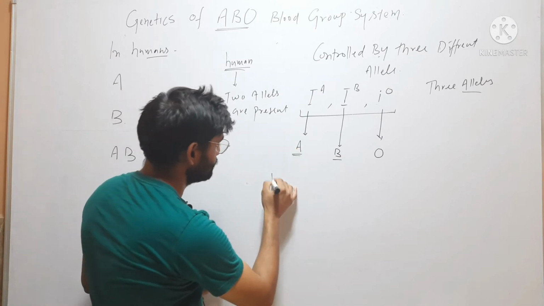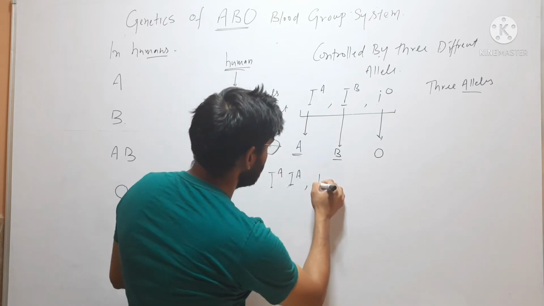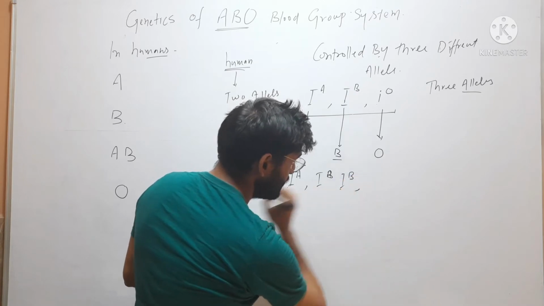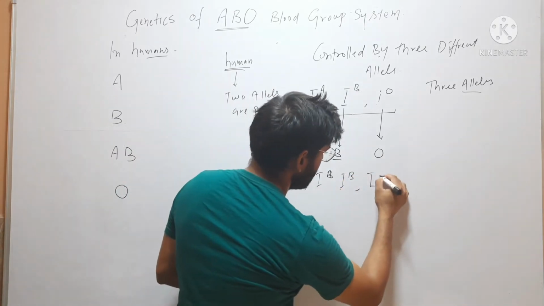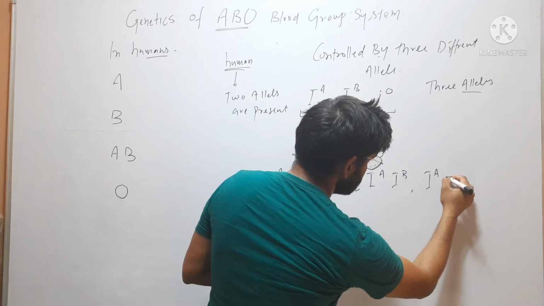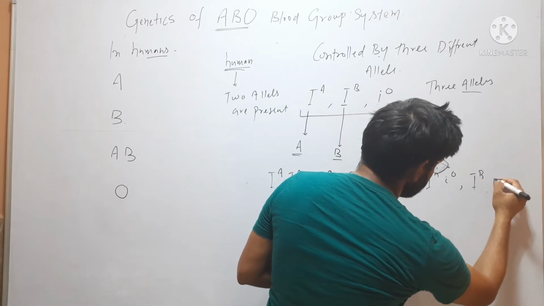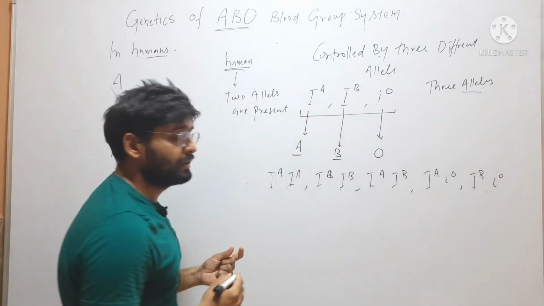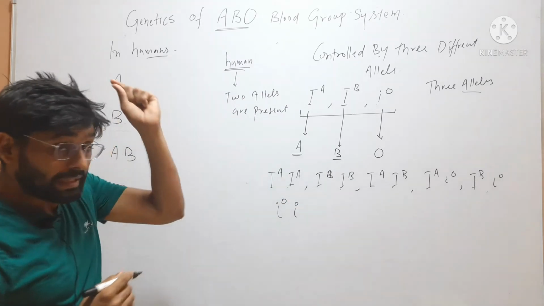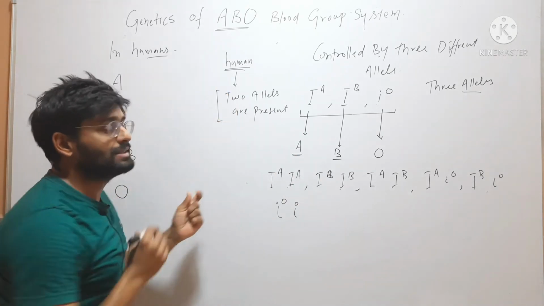It may be IA and IA, or it may be IB and IB, it may be IA and IB, it may be IA and small i naught, it may be IB and small i naught, or it may be i naught and i naught. So a human individual can only have two alleles out of these three alleles.